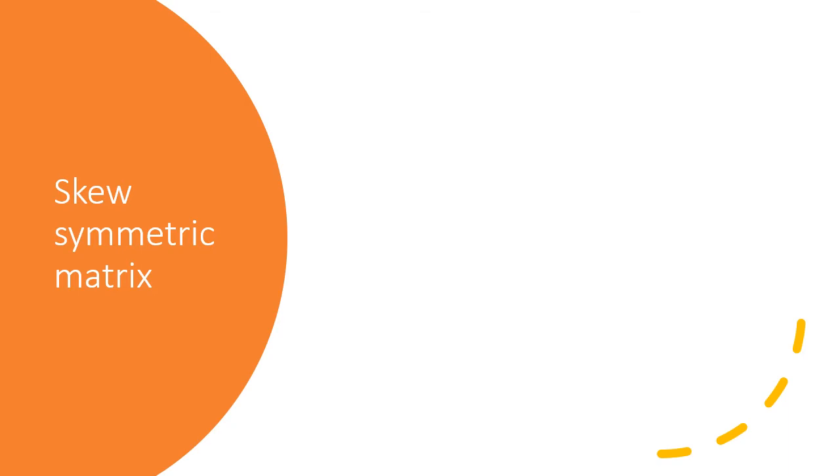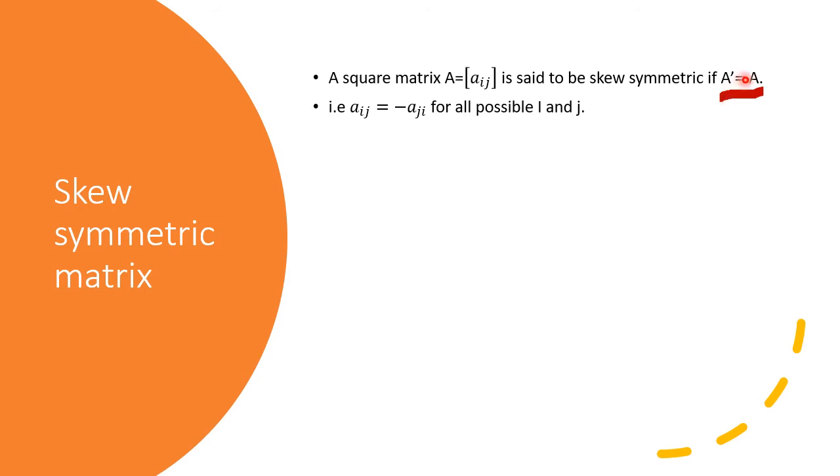So in the skew symmetric matrix, students, for the symmetric matrix, that is A dash is equal to A. Then the skew symmetric matrix gives us A dash is equal to minus A. Remember students, a square matrix A equals Aij is said to be a skew symmetric matrix if A dash is equal to minus A. That means Aij is equal to minus of Aji, because when you are transposing, then it is a minus Aij.